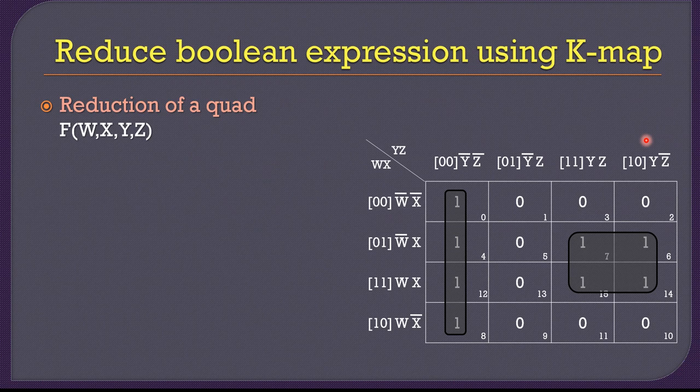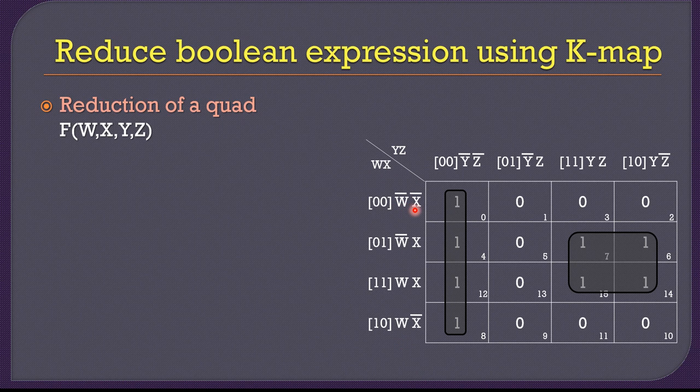Now you can see a K-map here for the function f(w, x, y, z). These are the four variables. On the left-hand side it is wx, and on top you can see it is yz, and all the combinations are written.